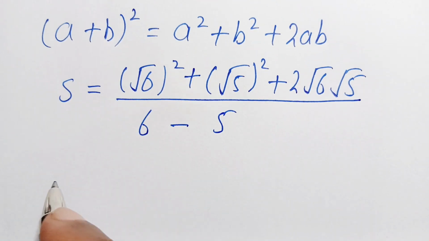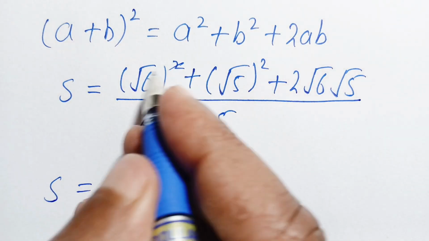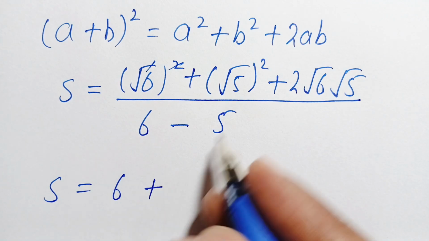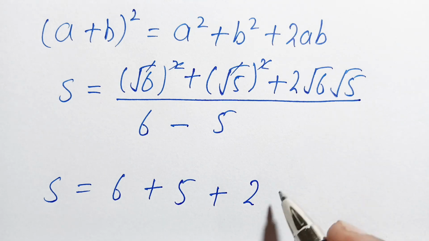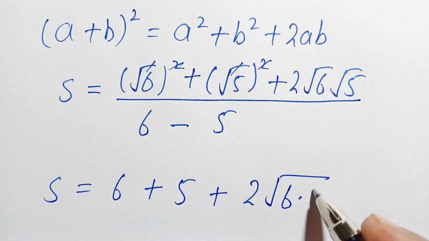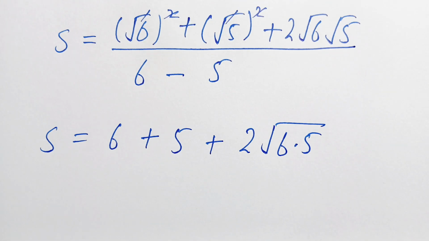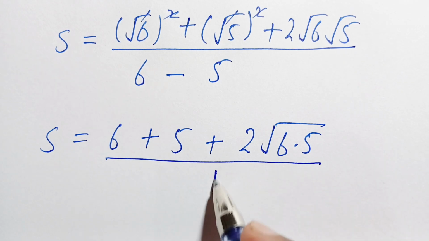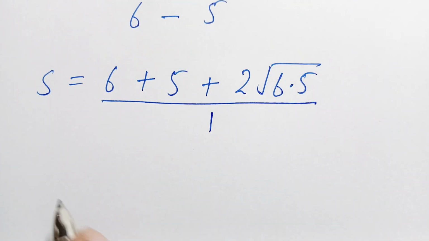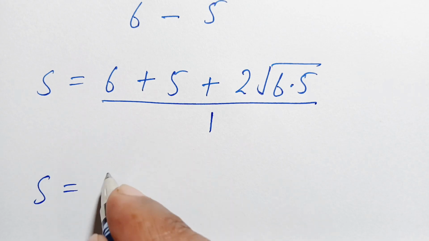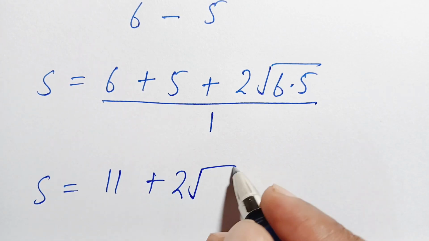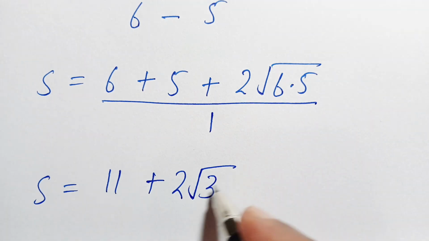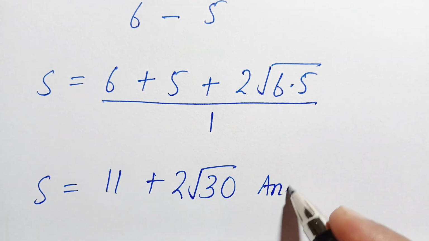So S equals 6 plus 5 plus 2 times square root of 6 times 5, over 1. Now S is equal to 6 plus 5, 11, plus 2 square root 6 times 5, which is 30. This is our final answer.